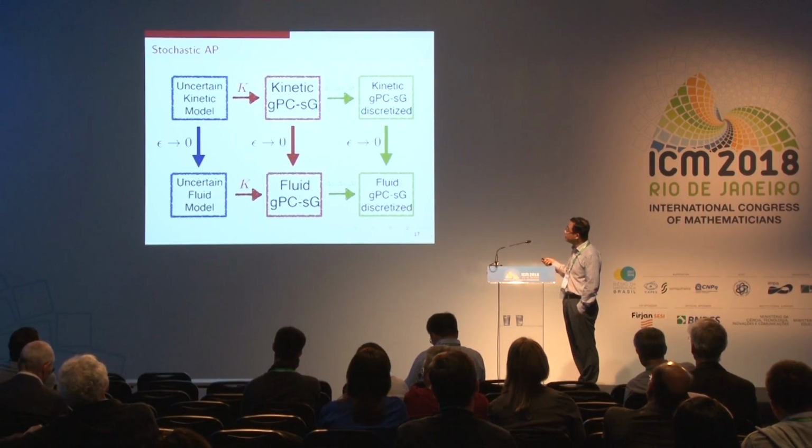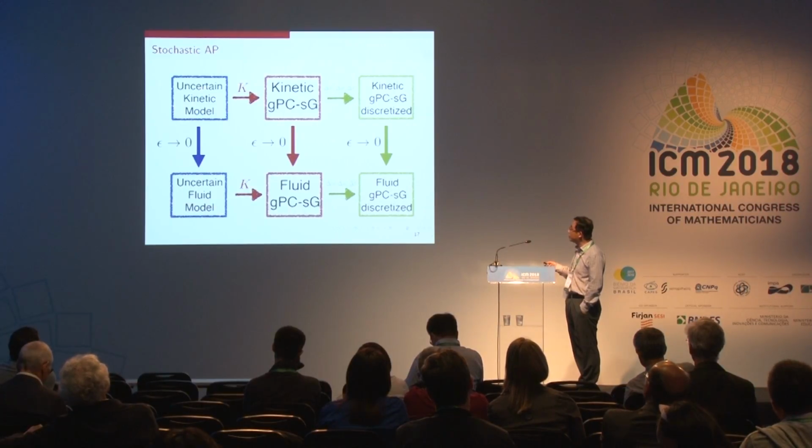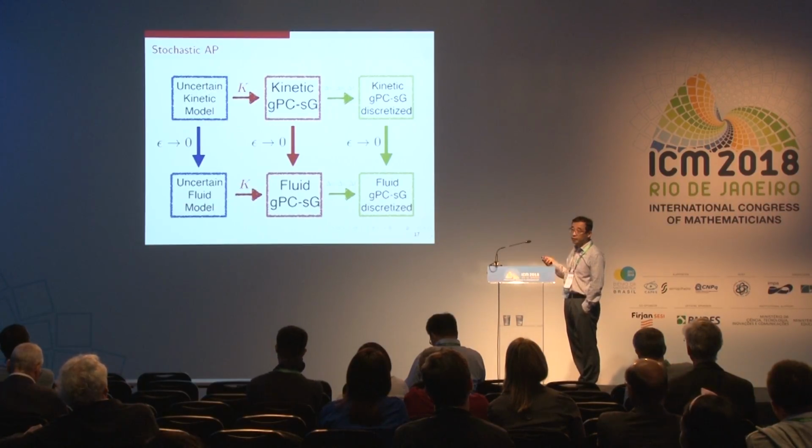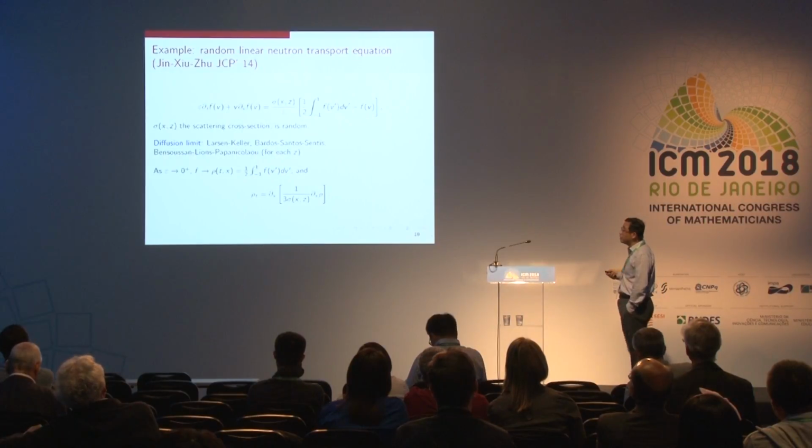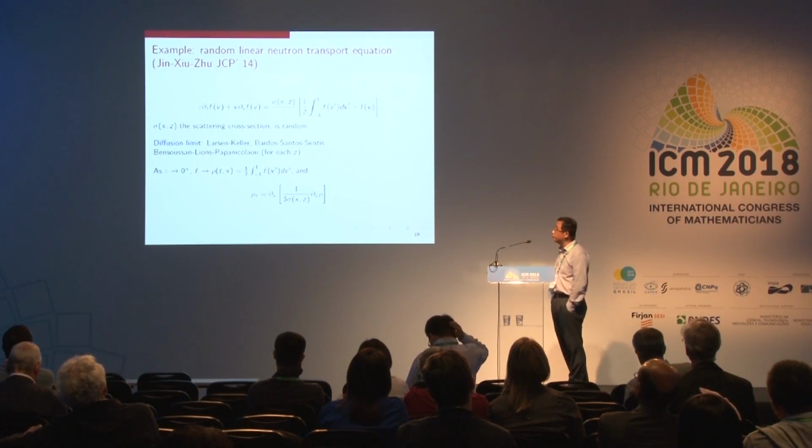So that's what the stochastic AP means, all right? So the idea is that once you use stochastic Galerkin, then everything is deterministic, then you can use deterministic AP machinery to solve this stochastic problem. So that's the idea. So now I give you a specific example to show how you can do it.